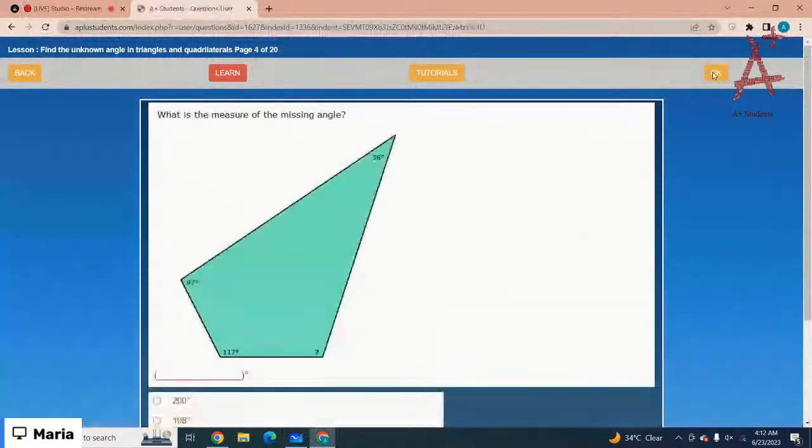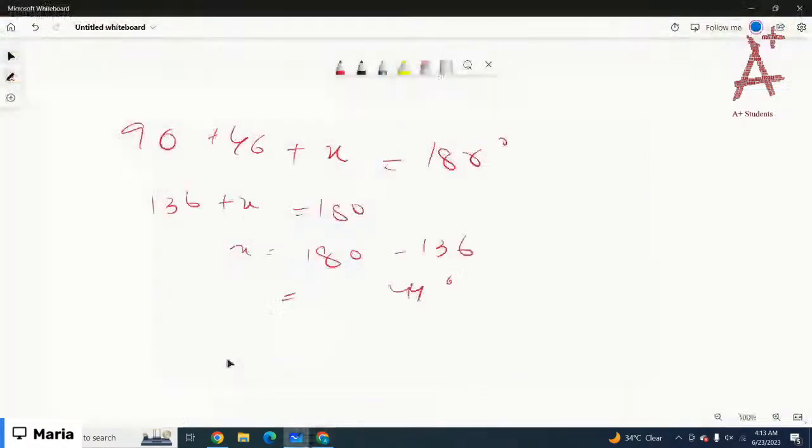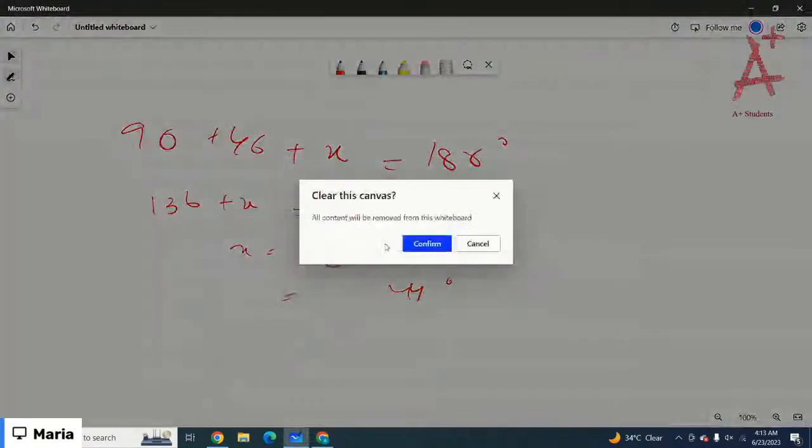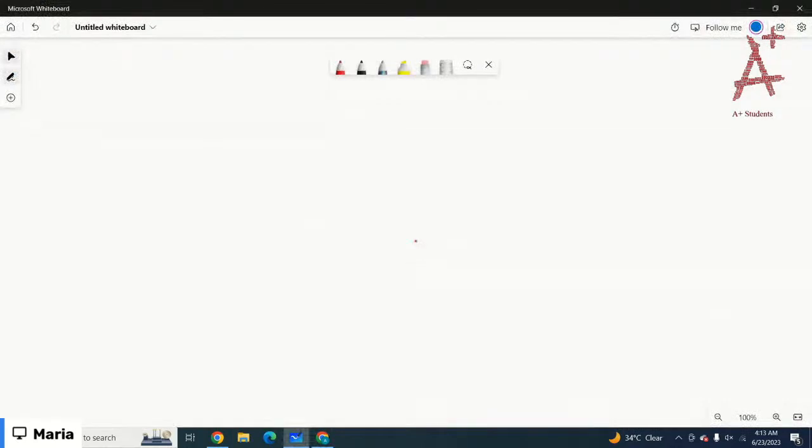Okay, what is the measure of the missing angle? Again, that is a four-sided shape. Whenever you have four sides, the sum of angles must be 360 degrees. Got it? So let's just add them: 38, 97, 117, and the missing angle, which make 360 degrees.